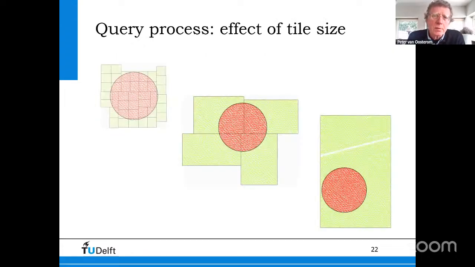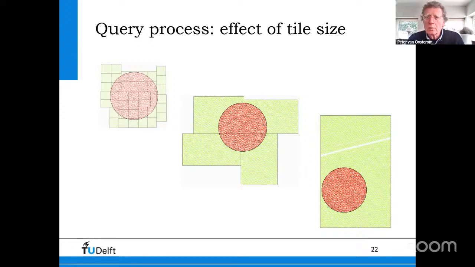Or in this case, we showed it with an example. Here we see also an effect of the tile size. That's something we can specify when we are loading the data. If the tile size is big, like on the right-hand side, and we were lucky because our circle is completely inside this one tile, we only have to fetch one tile, but it has many pixels that we don't want. So when we make the tiles smaller, we need to fetch more tiles.